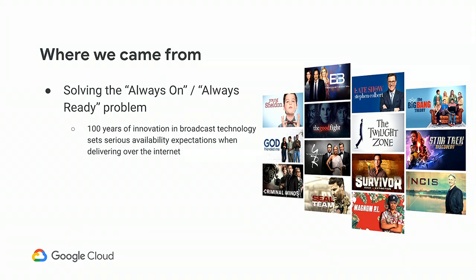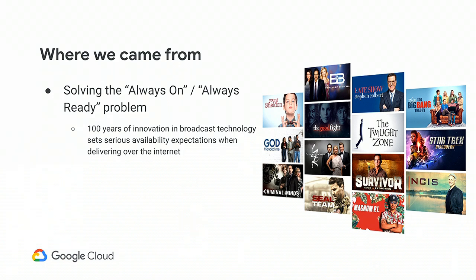So one of the things that we have to do is that there are expectations around broadcast. And that is solving the always-on or always-ready problem. The expectation with any media is that it's there 24/7, it's available, and it's on demand. And what we're faced with is a background of really high product delivery.